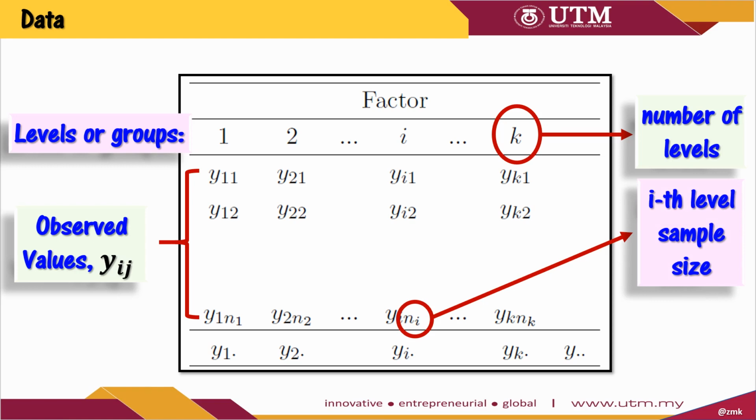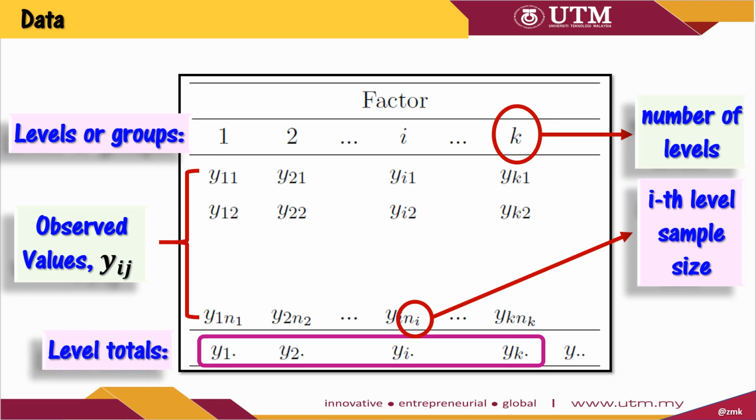The sample sizes can be equal for all samples or can also be unequal. The sum of observations within each level is the ith level total denoted by yi dot for all i from 1 to k, whereas the sum of all observations or simply the sum of all level totals denoted by y double dot is what we call the grand total.